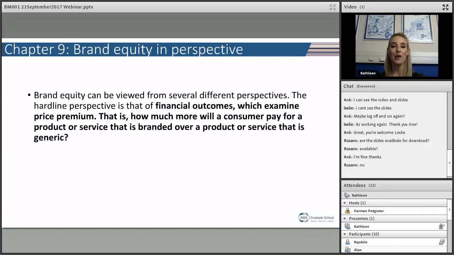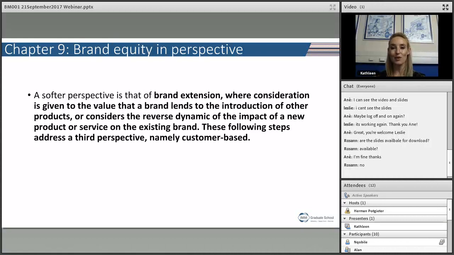And so in other words, brand equity is measured by how much more a customer will pay for a product that has our brand name on it versus the exact same product without our brand name on it. And that is our ideal measure of brand equity. Or as we said, equity always means value. The value our brand is adding to our offering in the market.